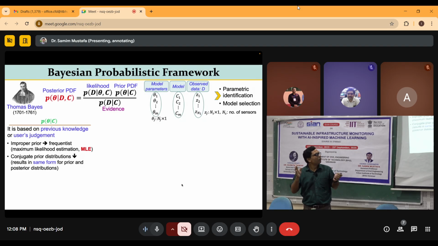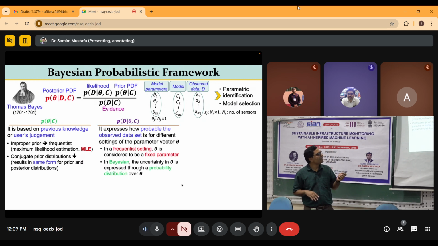So if the prior distribution is Gaussian and your likelihood is also Gaussian, then your posterior distribution will automatically be Gaussian too. In that case it is called a conjugate prior distribution, when the updated posterior distribution is the same type as the prior distribution.